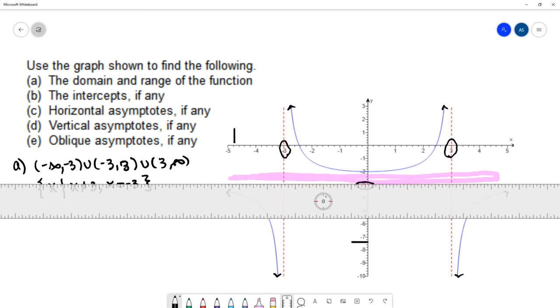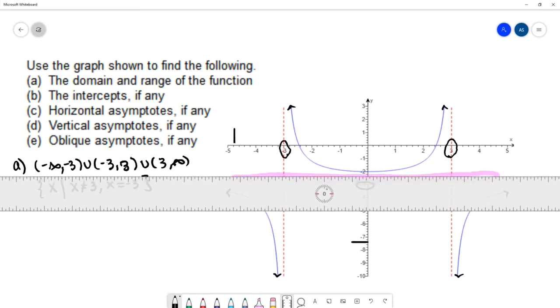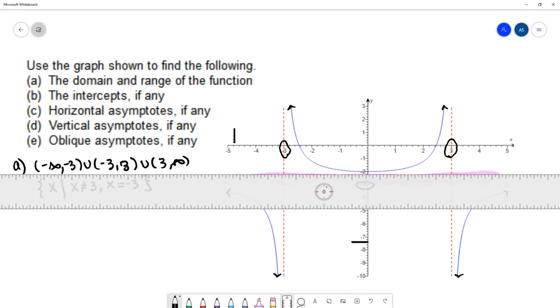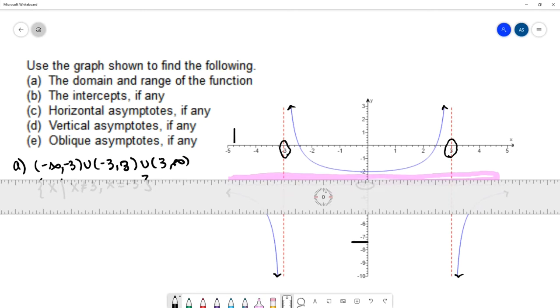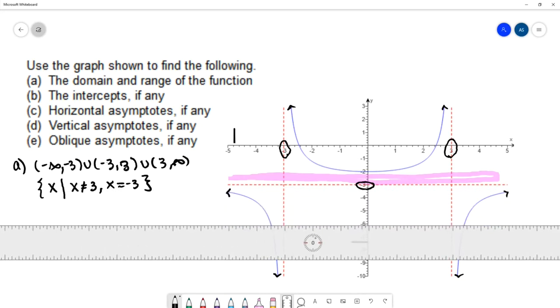However, when we go above the horizontal asymptote, there's a little section right there that I've highlighted where I'm not touching the graph with the top part of my ruler. So for this group of y values, we have to exclude them from the range because we have no ordered pairs on this graph with those y values.